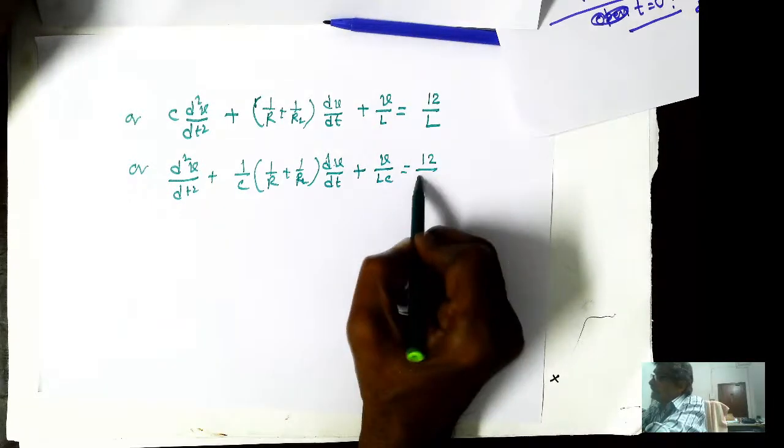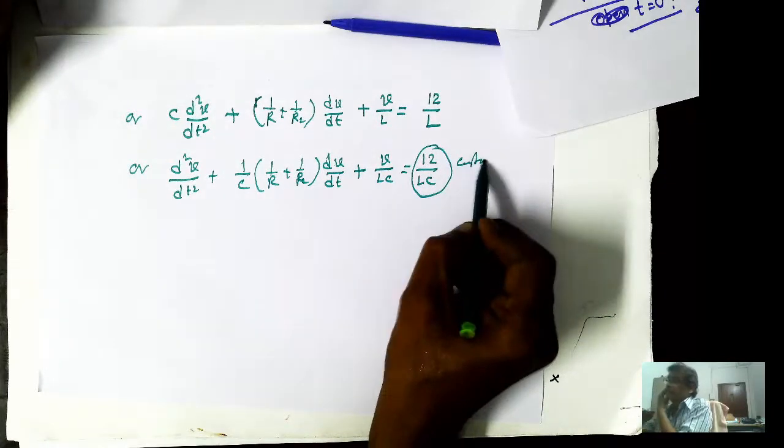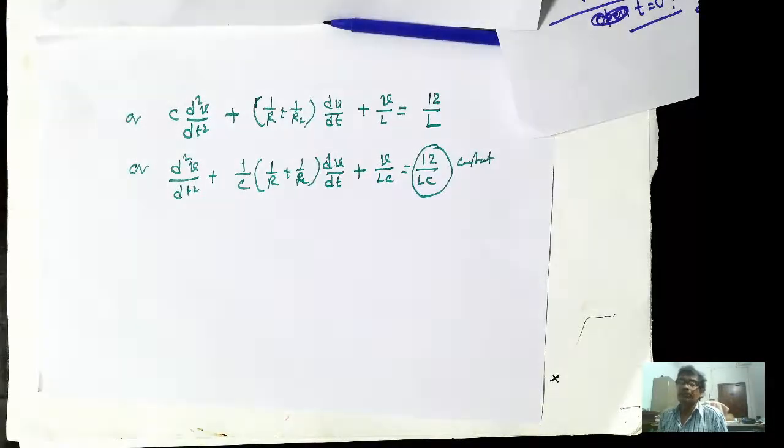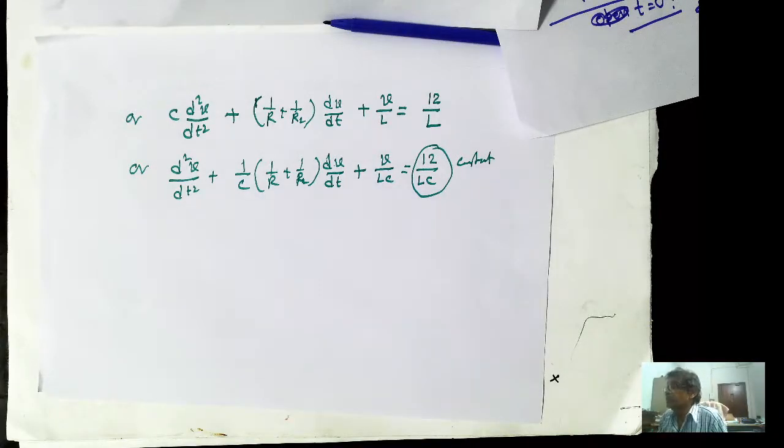And the right side is constant. Forcing function is constant. So it is now a second order differential equation. So although it is not a simple series circuit, even if two energy storing elements are present, in general you can have a second order differential equation, and that is what we have got.